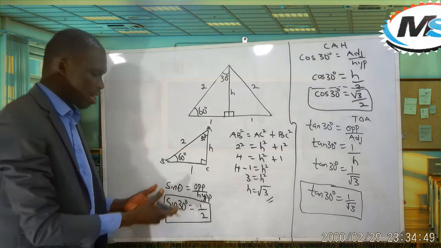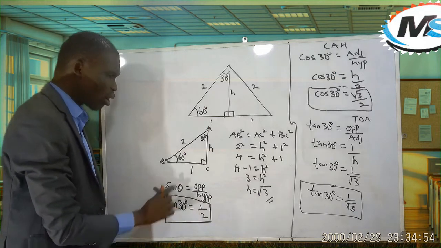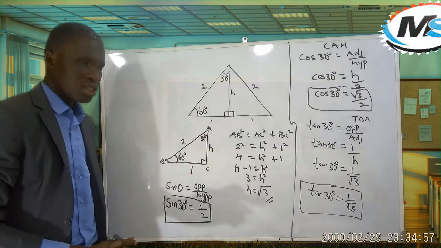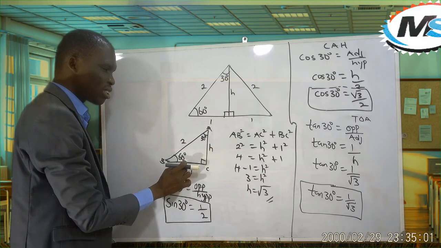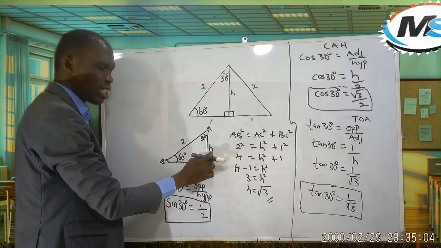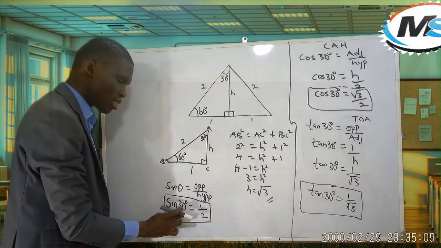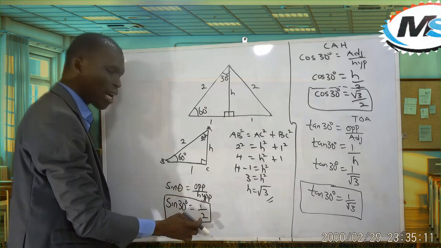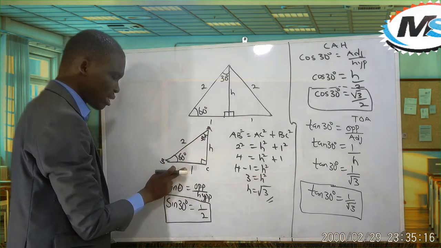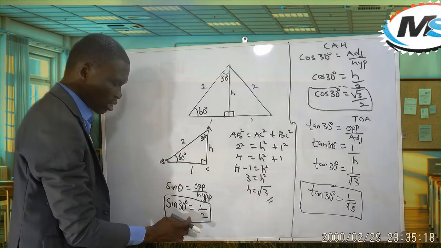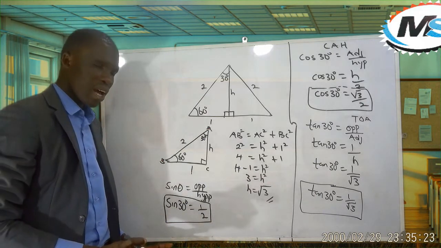Let me come again. Sine theta is opposite over hypotenuse. We are considering angle 30 degree first. In angle 30 degree, this is opposite, this is adjacent, and this is hypotenuse. Sine 30 degree will give us opposite over hypotenuse, and opposite is 1, hypotenuse is 2. So sine 30 degree will give us half, which is 0.5.